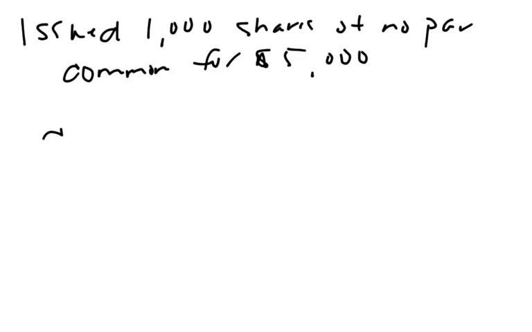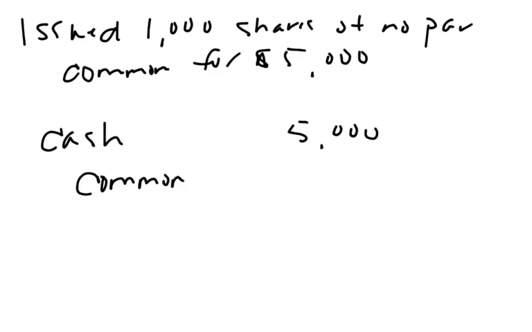All right, so we got cash. We got $5,000. But I don't have any par. So if you don't have par or stated value, then all of that goes to the stock account. So all of that is going to go into common stock $5,000.